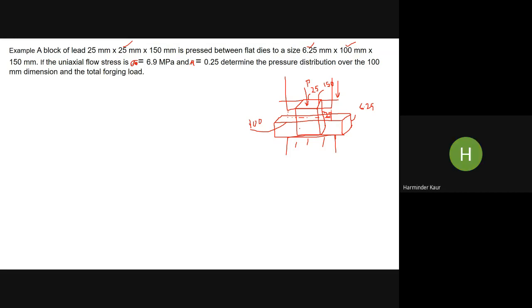And this part, they are keeping constant at 150, so there is no change in this axis. Don't go by the length I am drawing here; you consider it 150.